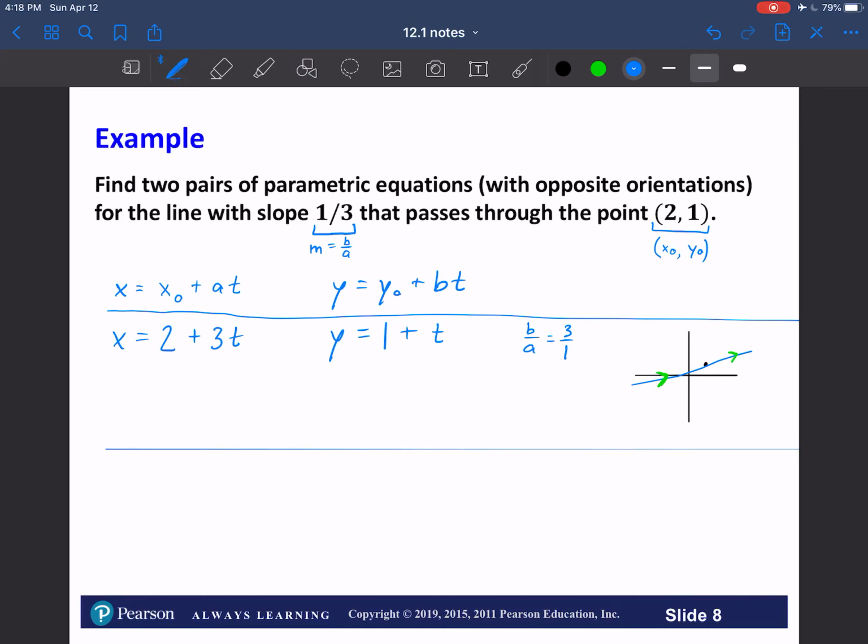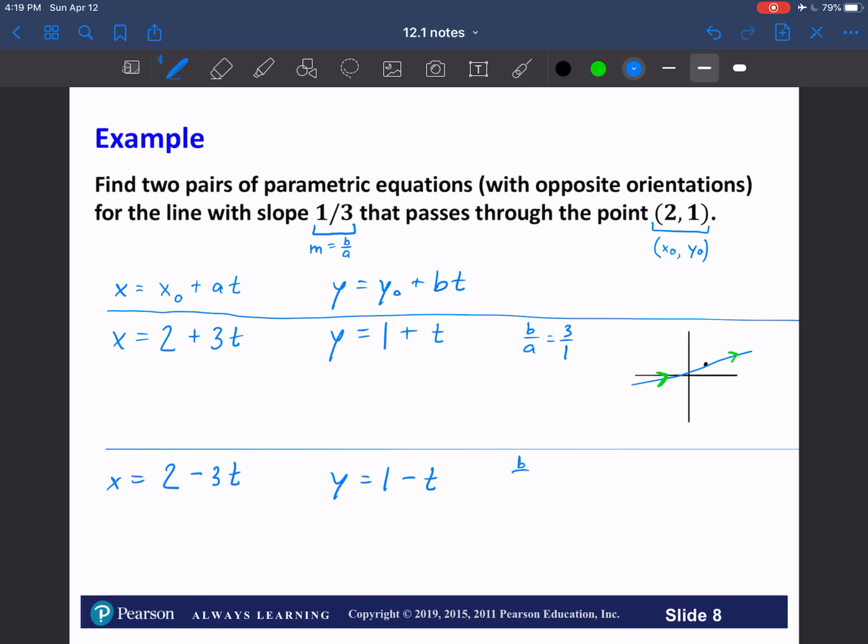Now we want it to point in the opposite direction. So basically what we want is a decreasing function of x and a decreasing function of y. And so we can just simply replace x equals 2 minus 3t and y equals 1 minus t.